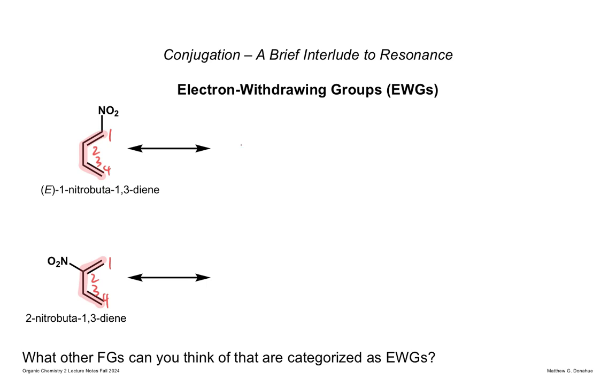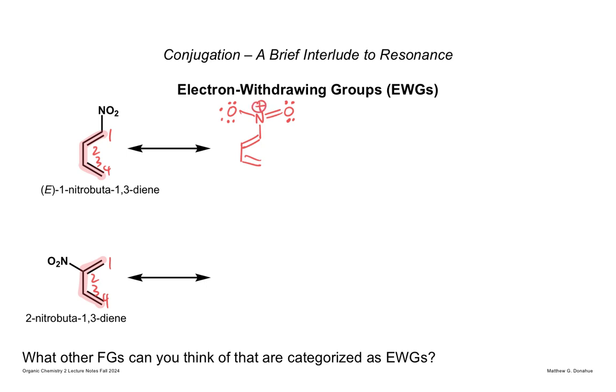Let me just first expand out, before I draw a resonance form, the nitro group. The nitro group itself already has formal charges on it. So notice the nitrogen has 5 bonds, so that's not its neutral bonding pattern.